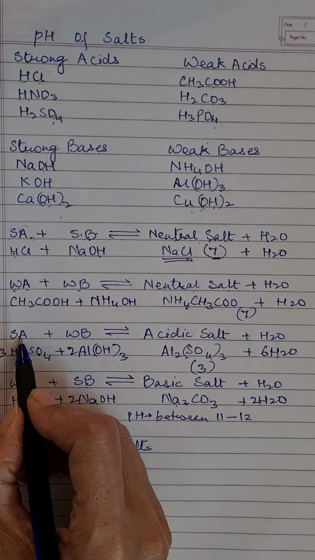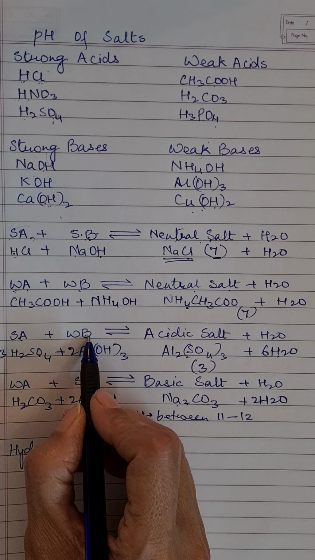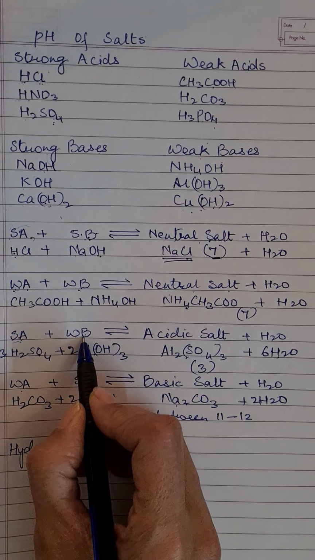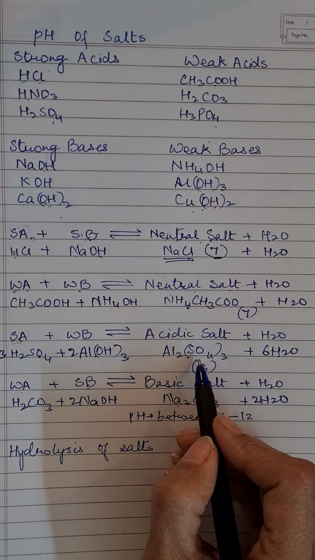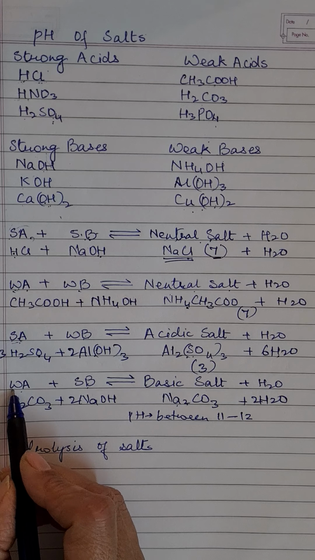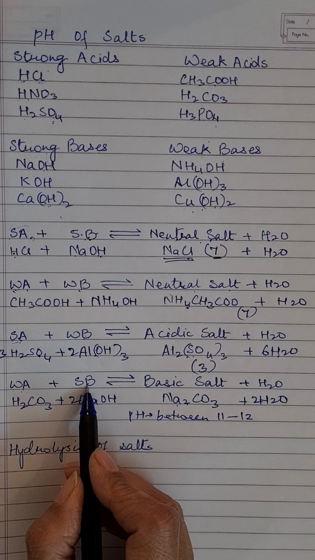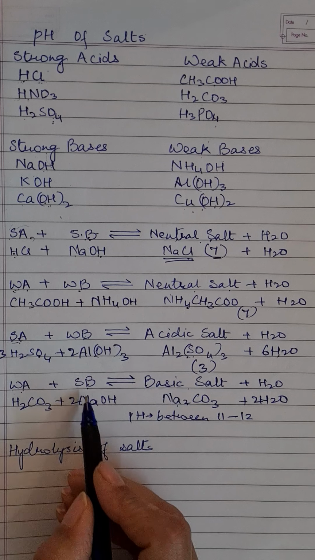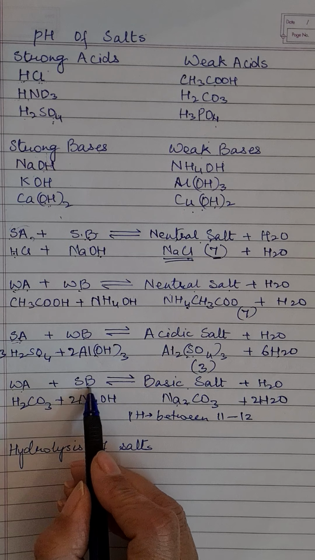When a strong acid combines with a weak base, the acid is strong here, the base is weak, the salt formed is acidic in nature. When we have a weak acid combining with a strong base, the salt will be basic because the base is strong.